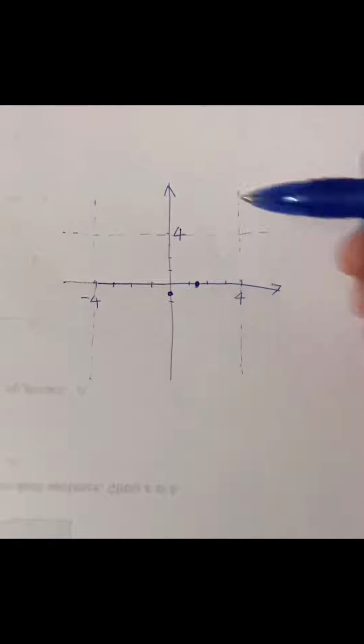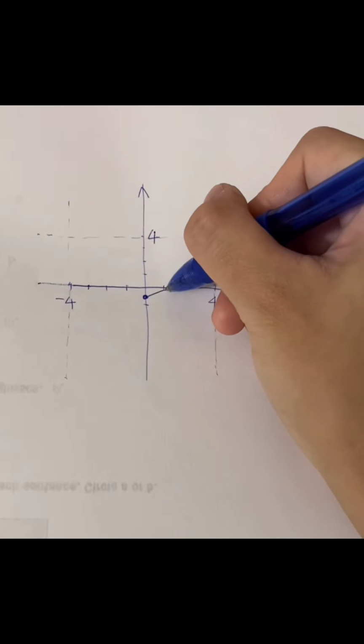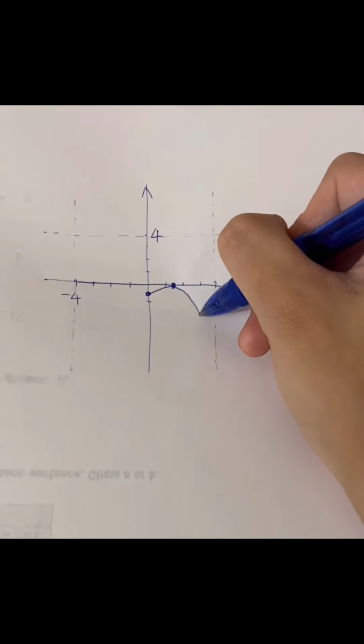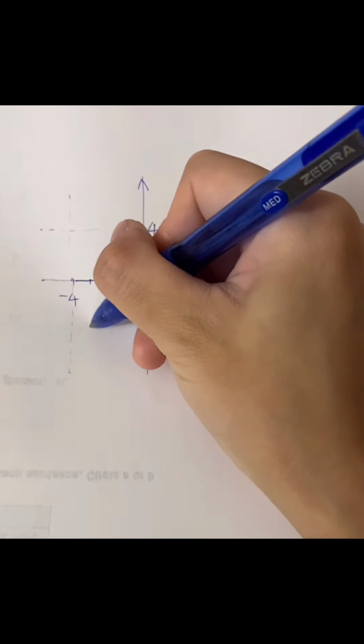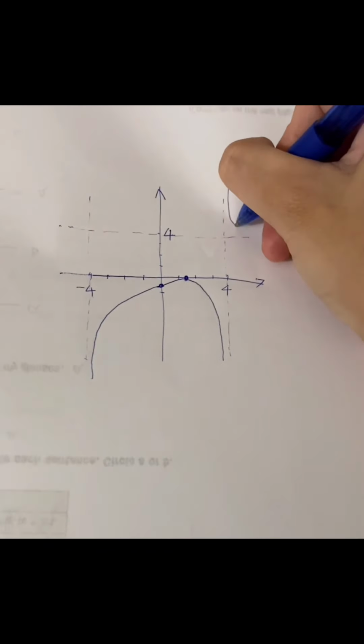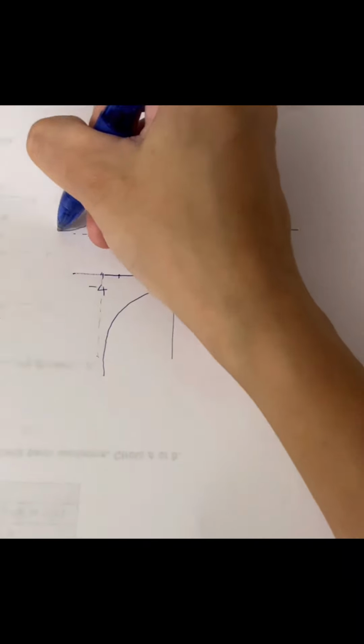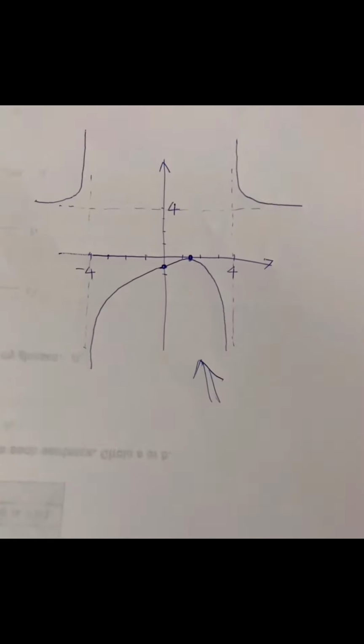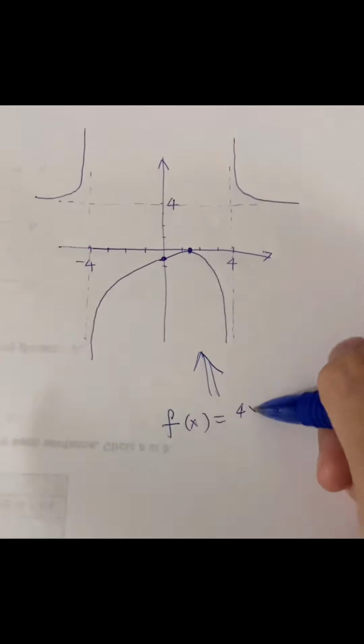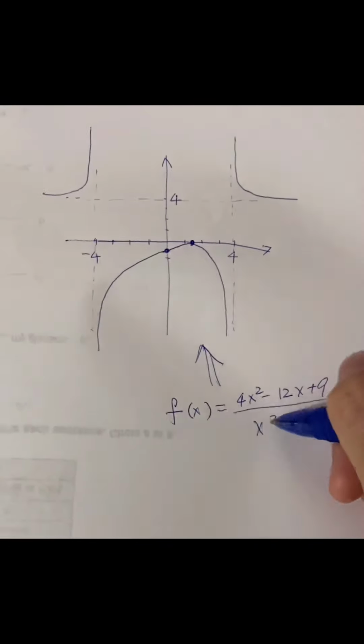Then we connect them together and we know the curve cannot touch the asymptote. So we can already draft it. It cannot touch the asymptote, it gets unlimitedly close to it. This would be what our final graph looks like for this function.